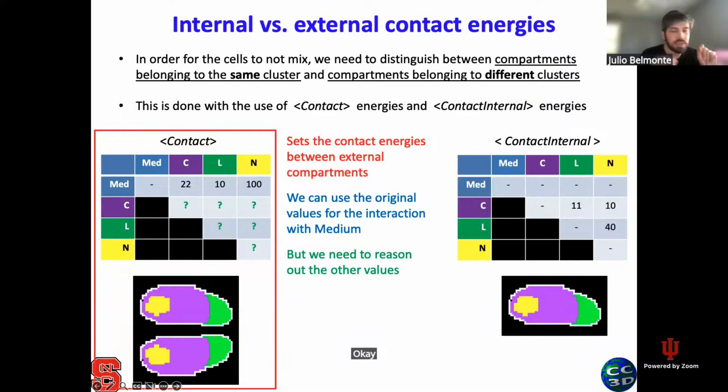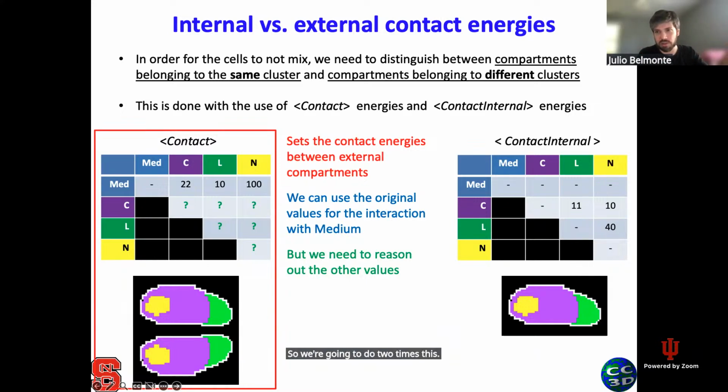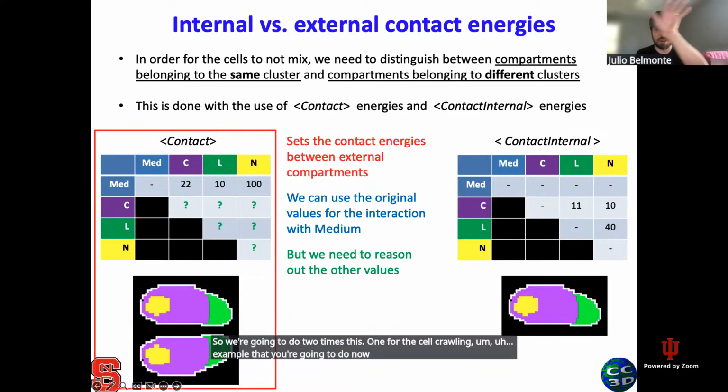Okay. So first, which should be higher, which should be lower. That's what you have to do. So you're going to do this two times, one for the cell crawling example that you're going to do now, and another one for the epithelium. Okay.